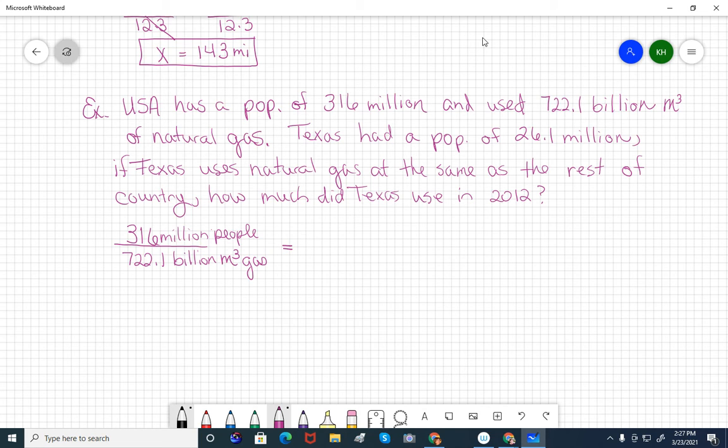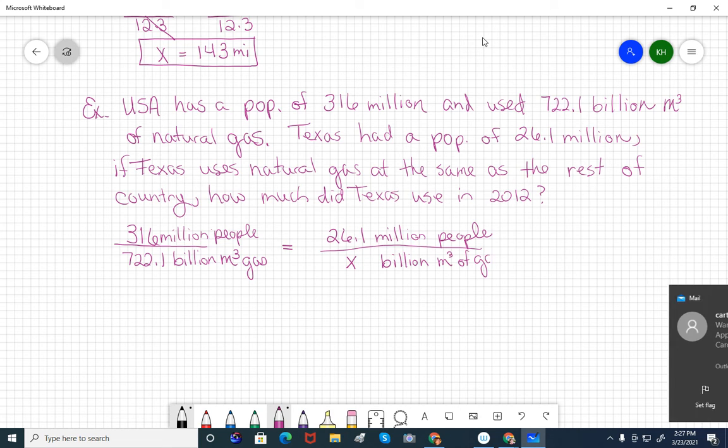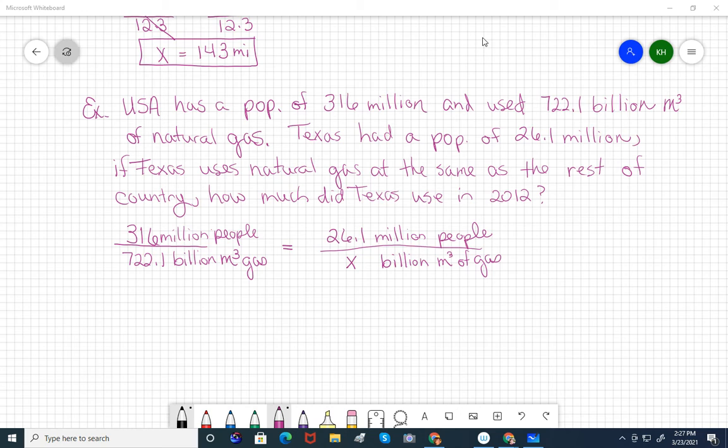So the question becomes, well, Texas is only 26.1, but it's the same labels, million people. How many billion cubic meters of gas? In other words, if our labels match, we can do this. The x is going to get multiplied by the 316. We don't need the million because we have matching labels on both sides. They effectively will cancel out.